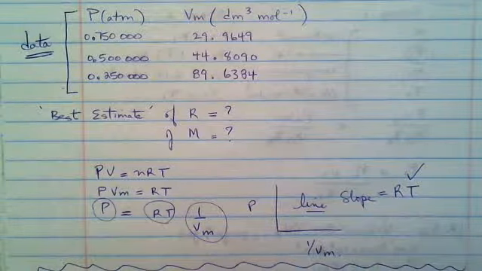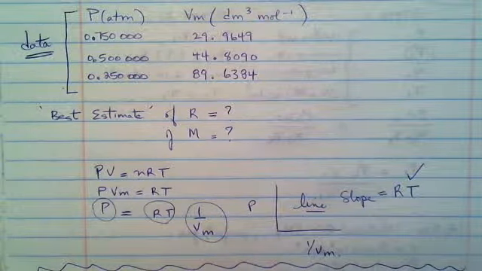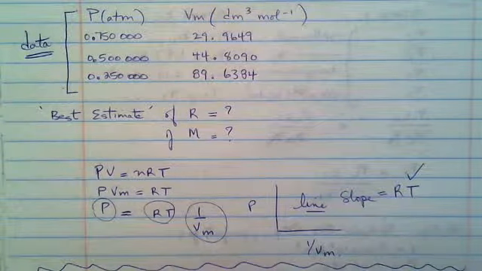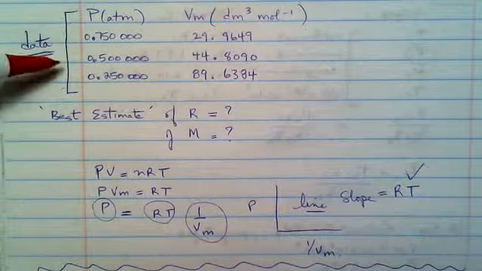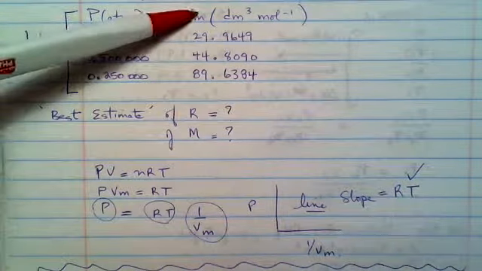Think about it. I've got grams per mole divided by grams per liter. So the grams go out. I have per mole over per liter, which is liters per mole. And so if you were to see this question again, you would probably see it as here are the pressures and here are the densities.